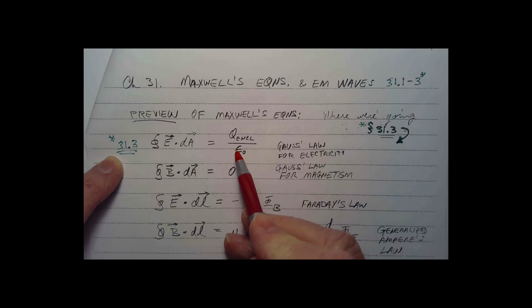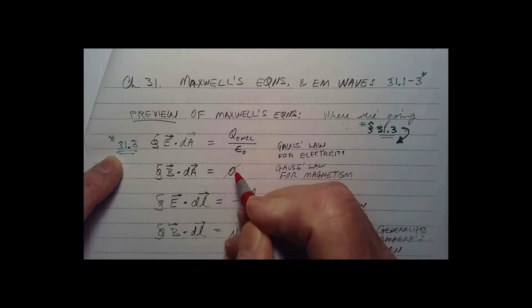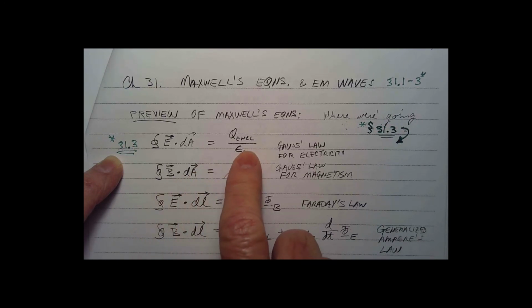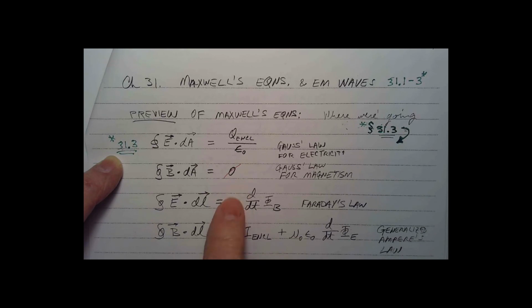They're Gauss's law for electricity, which we've done way back at the beginning of the course. I've been saying this kind of all along. We'll say a few words here. Gauss's law for magnetism has no source term because there are no magnetic monopoles, so that's that one. Here's Faraday's law. Time rate of change of B gives me an electric field. And we're going to show here today what the generalized part of Ampere's law is.